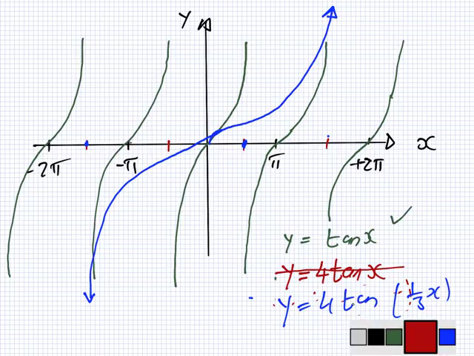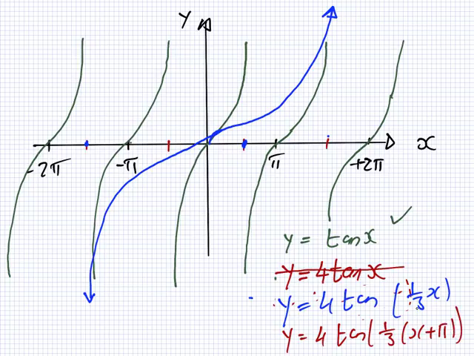Okay, the next one now. Y equals 4 tan 1/3 x plus pi. So that moves it to the left pi units. So instead of being here, that point will be moved to here. So that will be where the middle is.